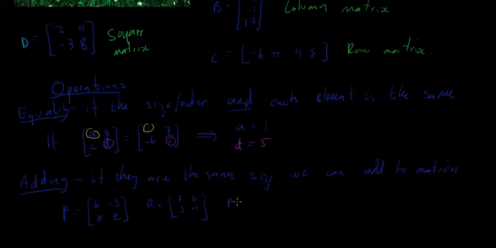Then the matrix P plus Q is 6 plus 7, which would be element A11, row 1, column 1. Then -3 plus 4 goes over, and 8 minus 3 is 5, and 2 plus 4 is 6. So that matrix P plus Q will be equal to 13, 1, 5, and 6. Whoa, I just realized that was meant to be 2 matrices, TWO.